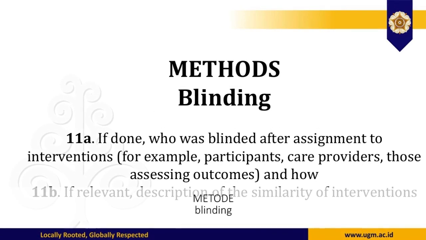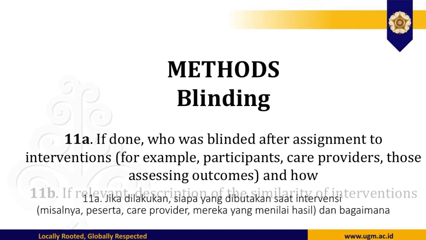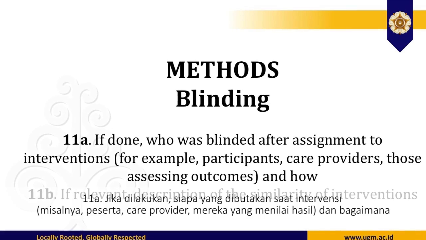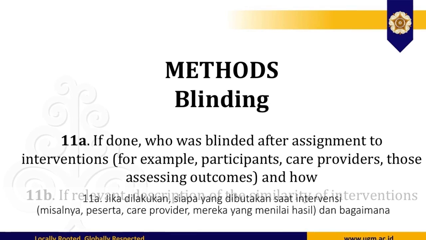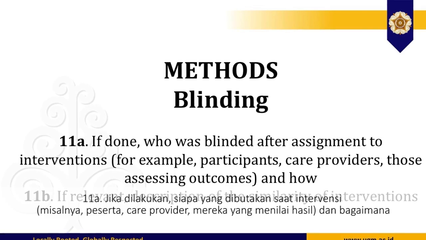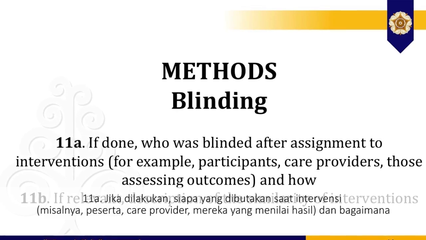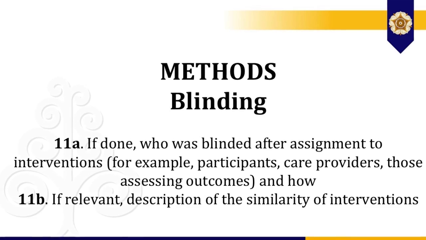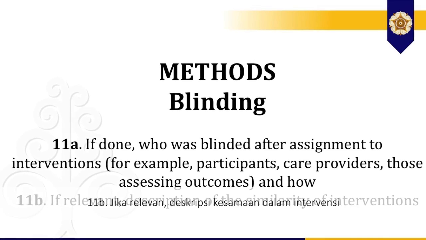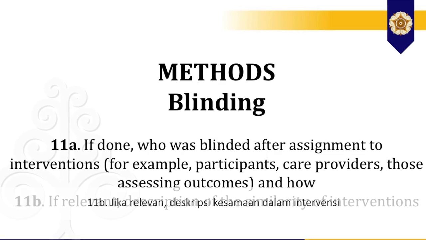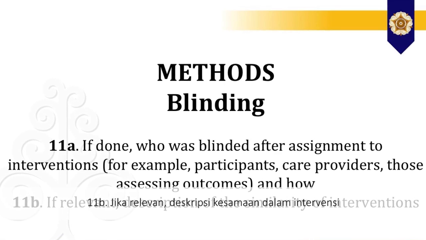Methods: blinding. 11A. If done, who was blinded after assignment to intervention? For example, participants, care providers, those assessing outcomes, and how. 11B. If relevant, description of similarity of intervention.